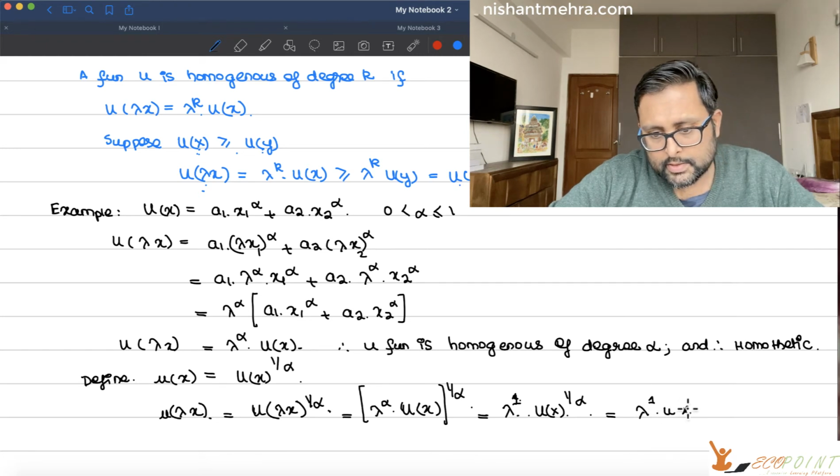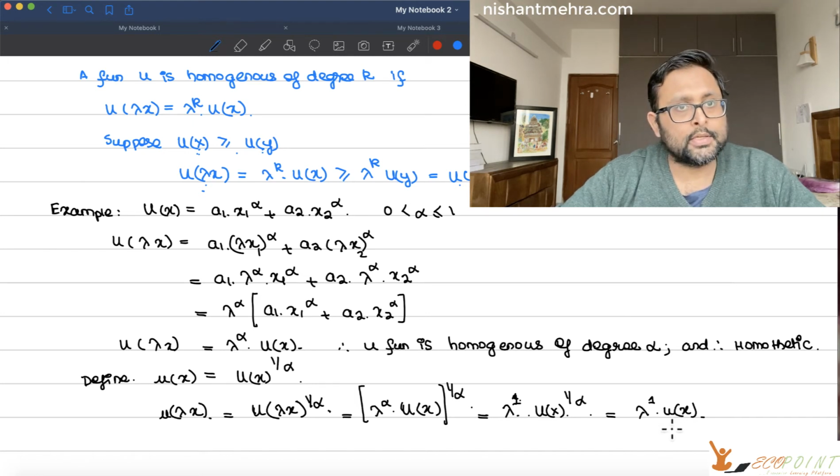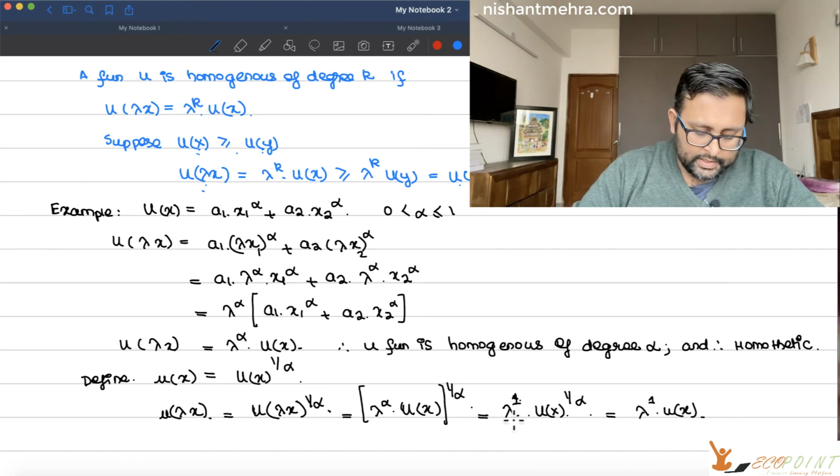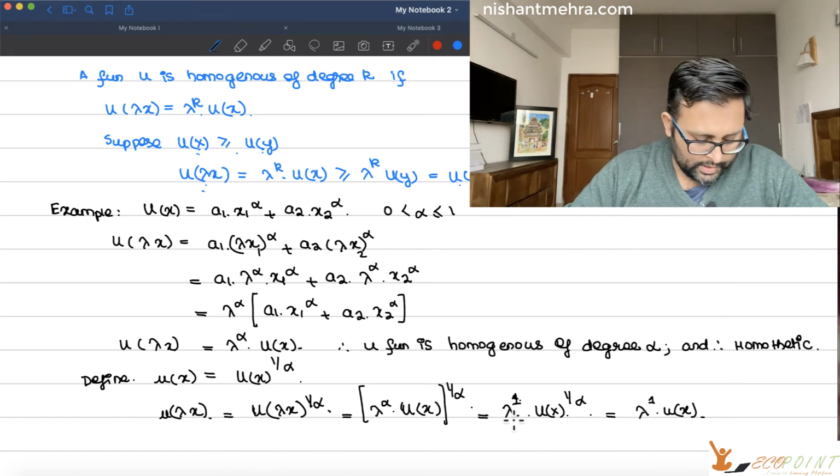Small ux. So what you are trying to say is that small u of lambda x is equal to lambda to the power 1 small ux. So what you have done is that these preferences could be represented by the function which is homogeneous of degree 1, right?